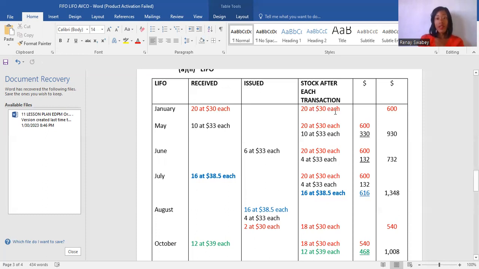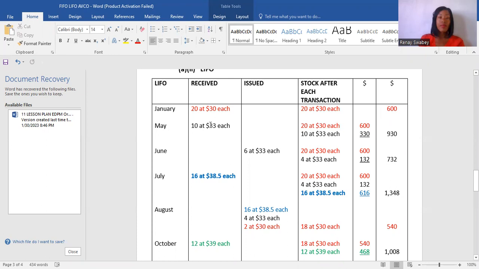And we're going to put our total figure here. Here is our calculation section. So 20 times 30 equals 600. There's no other transaction in January that took place, and so there is nothing for us to adjust here in this column. So that is why we put the final total in the closing stock column.